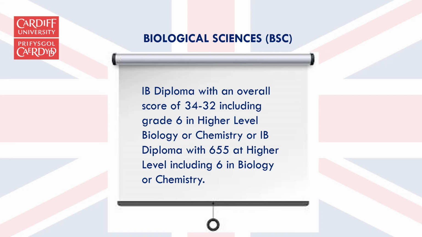In terms of an International Baccalaureate diploma, they're looking for an overall score of between 32 and 34, including grade 6 in higher level biology or chemistry, or IB diploma with 655 at higher level, including a 6 in biology or chemistry.